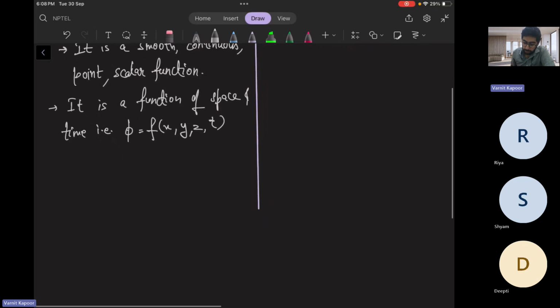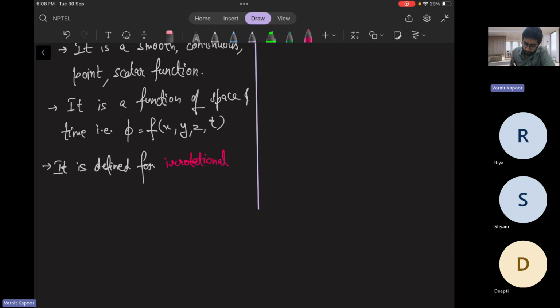It is defined for irrotational flow. Very important point. It is defined for irrotational flow.